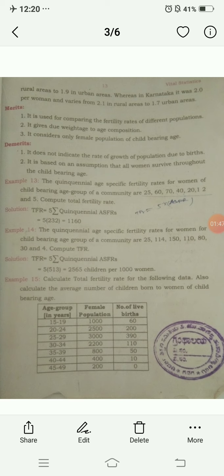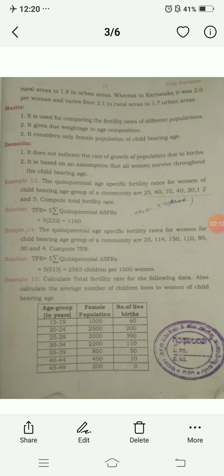In GFR, general fertility rate, age specific fertility rate, and total fertility rate, we use only the female population. Hence it considers only the female population of childbearing age, that is 15 to 49 years.